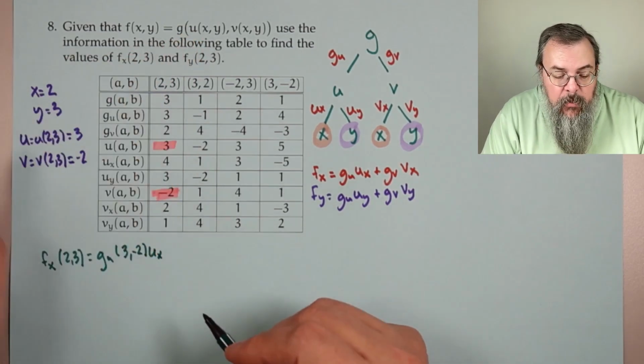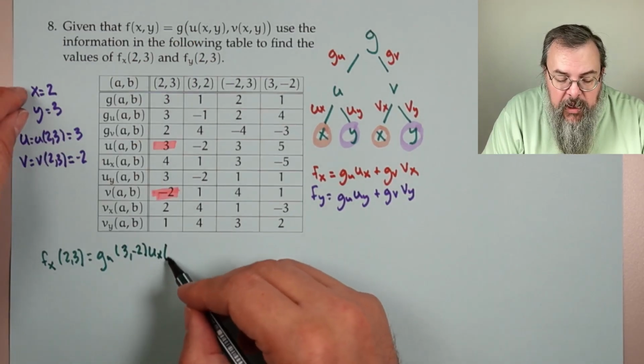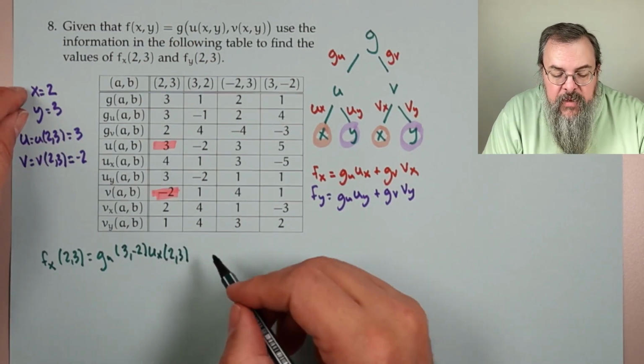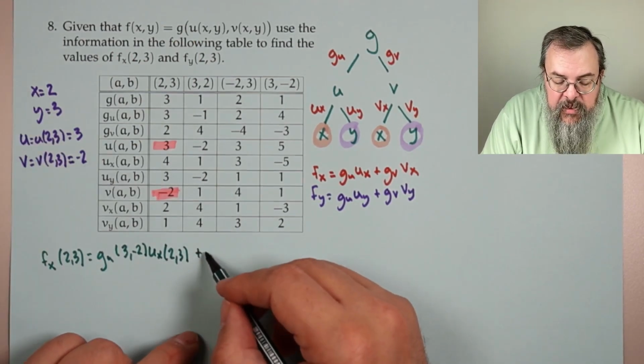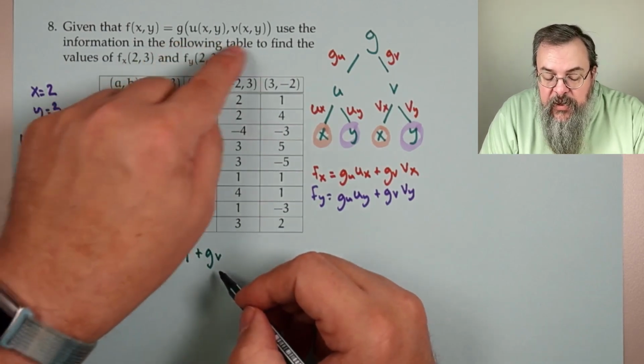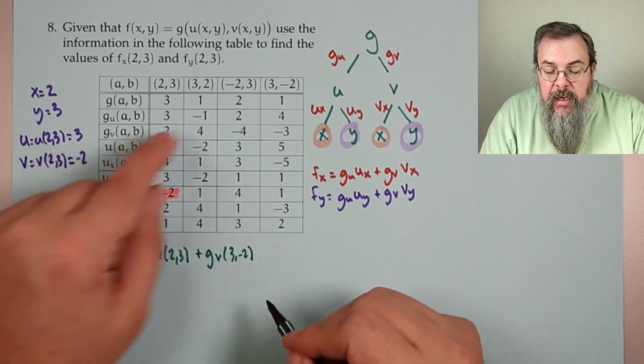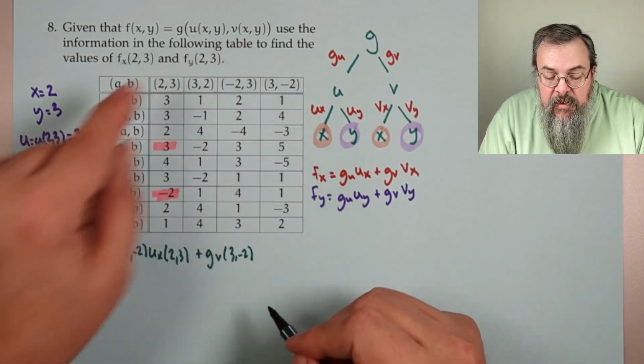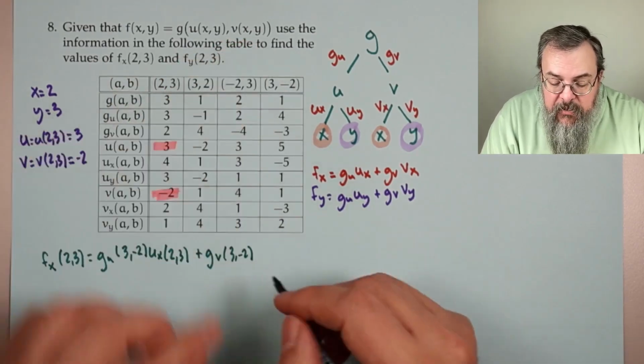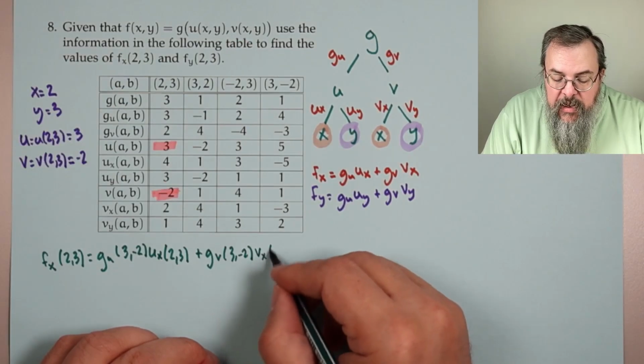U is a function of x and y, so you plug in the x, y, 2, 3, plus g sub v. Again, g is a function of u, v, 3, negative 2, and v sub x. And v is a function of x and y, so it's v sub x at 2, 3.